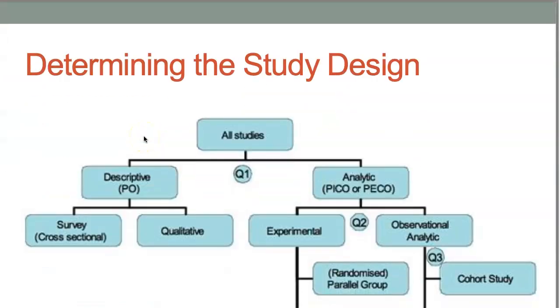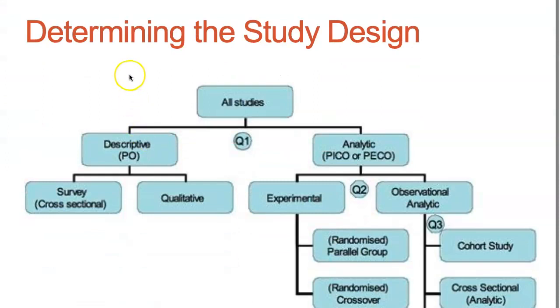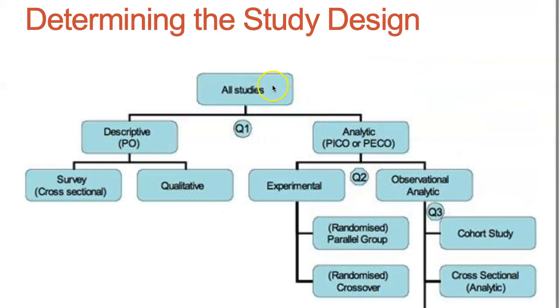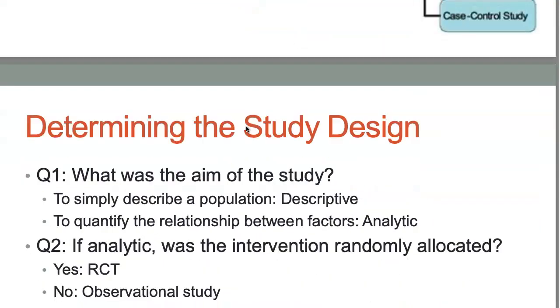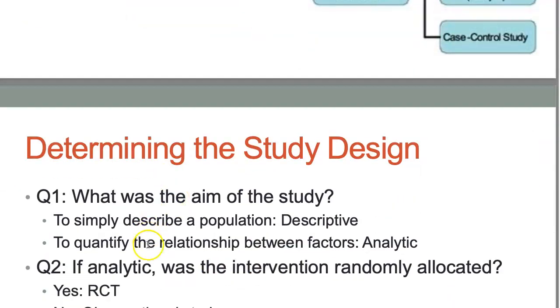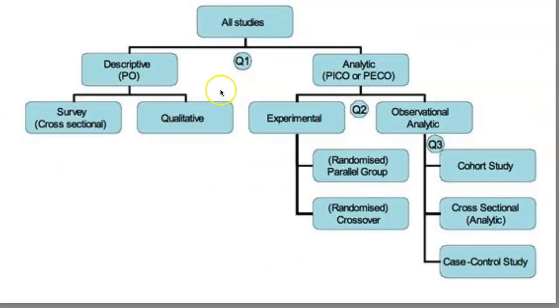First, this slide goes along with this document. Determining the study design: what is the aim of the study? Question 1: was the aim to describe the population? That would be descriptive. Or was it to quantify a relationship between factors, or to determine differences between groups? That's going to be analytic.